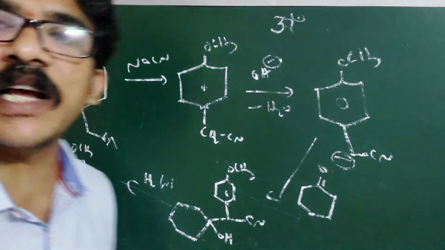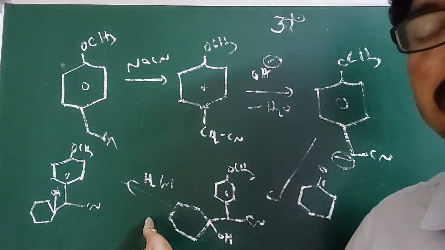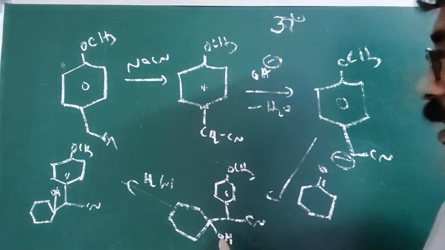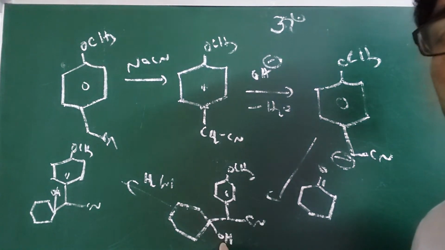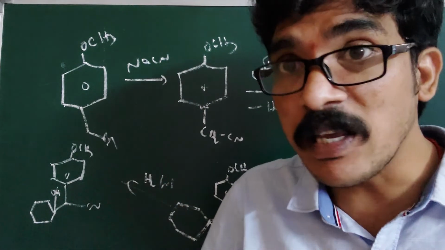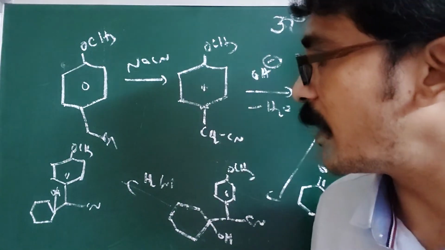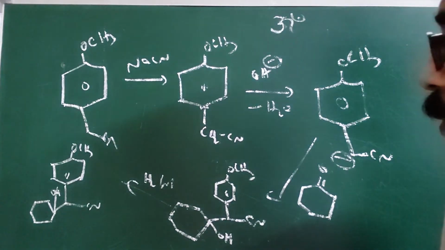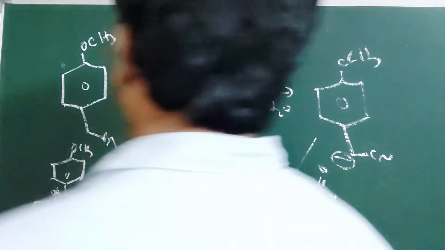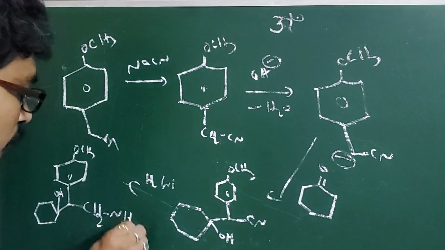Now that is treated with hydrogen and nickel, a very important reaction. What happened? Alcohol is not affected, OH is not affected, only the cyanide is affected. Cyanides react with hydrogen and nickel and form the corresponding amine. So the cyanide group is converted to CH2NH2, a primary amine.